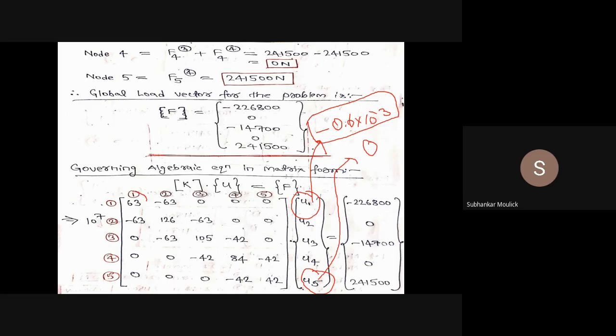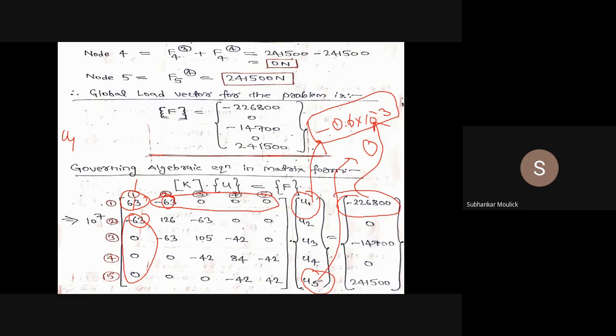If I make this element value 1 and the remaining row 0, and similarly make this column 0, then multiplying the first row with the column gives 1 into u1 is u1, 0 into u2 is 0, 0 into u3 is 0, plus 0 into u4 is 0, plus 0 into u5 is 0, equal to minus 0.6 into 10 to the power minus 3. Are you getting my point?